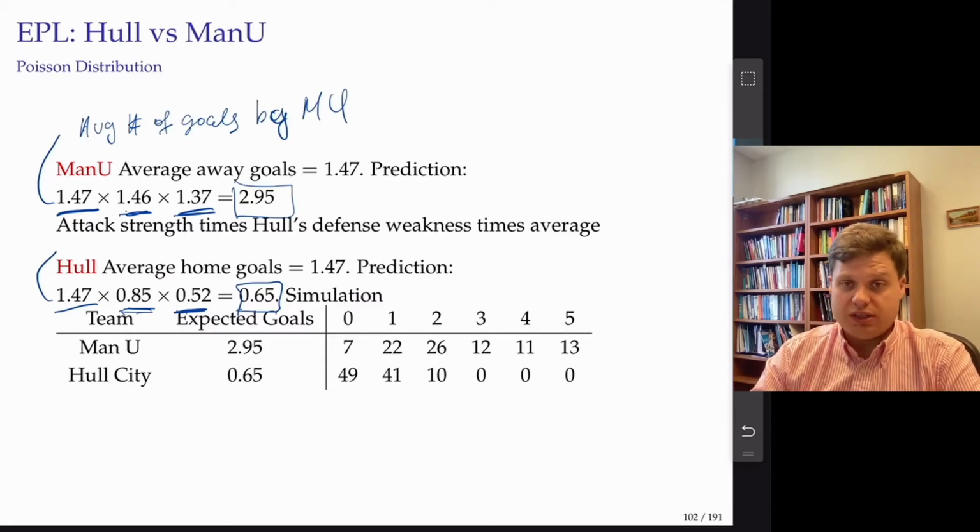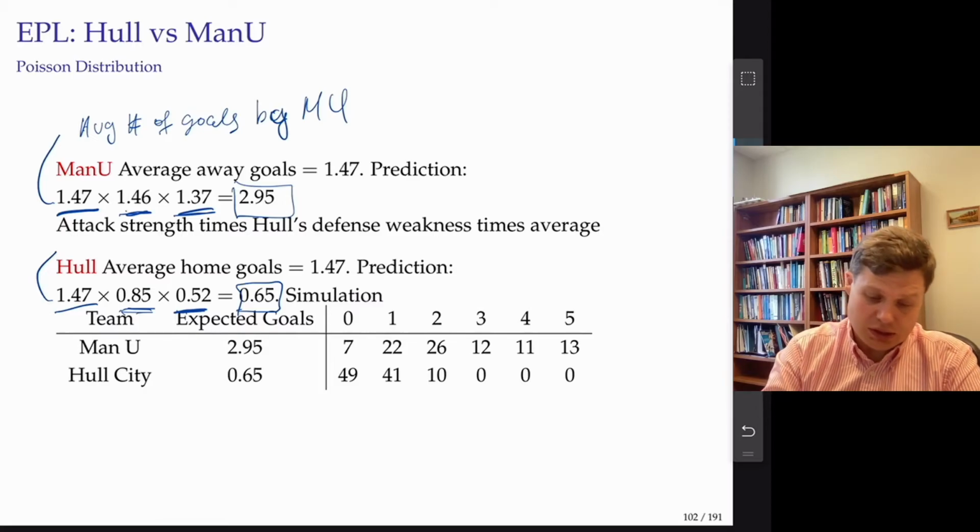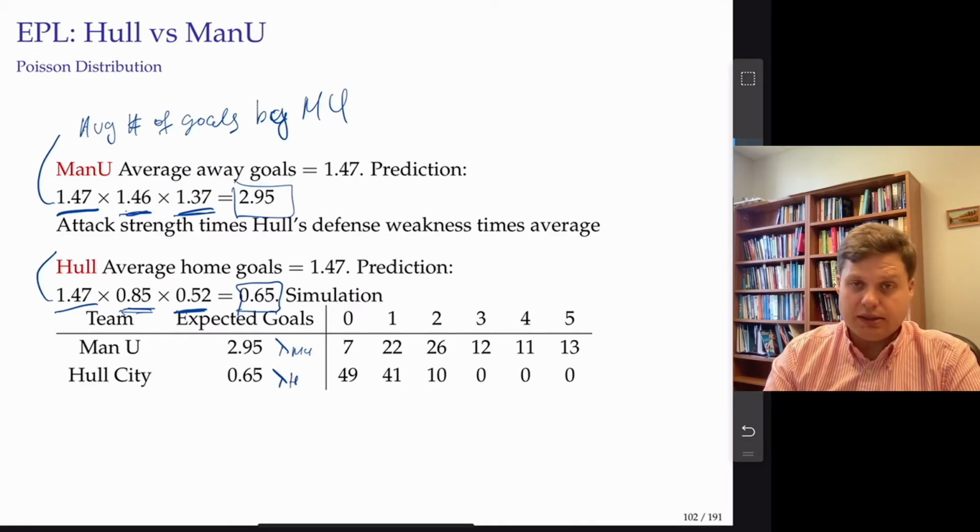And again, we're gonna do the simulations, and we're gonna use the new values of lambda. So this is lambda for Manchester United, and this is lambda for Hull City, and this is the expected number of goals.